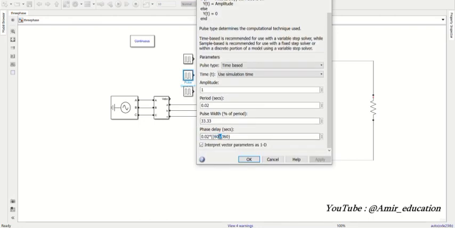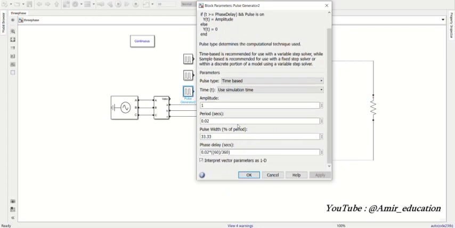For the next thyristors, I should add 120 degrees because this is a three-phase system and each phase has a differential of 120 degrees with the next phase.